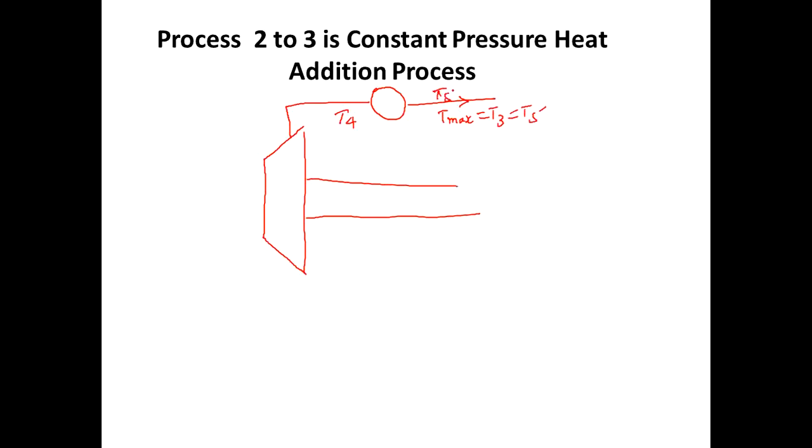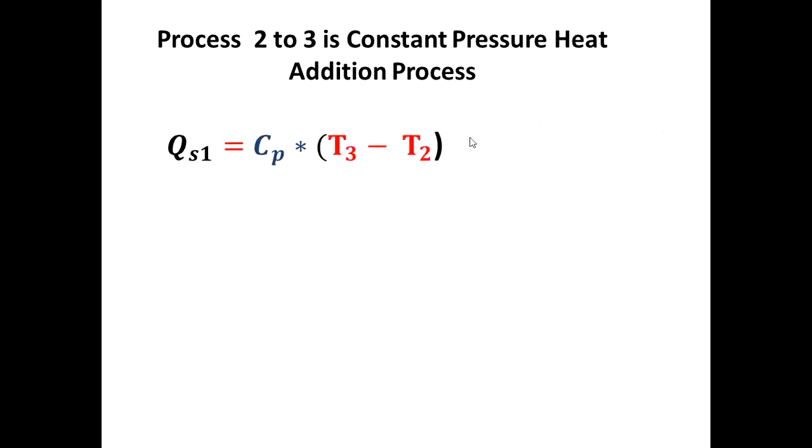This will be the T5 temperature, and then after you raise this, you give this to turbine 2. It will drop to the temperature T6. Therefore, for the constant pressure heat addition process, QS2 is equal to Cp into T5 minus T4.